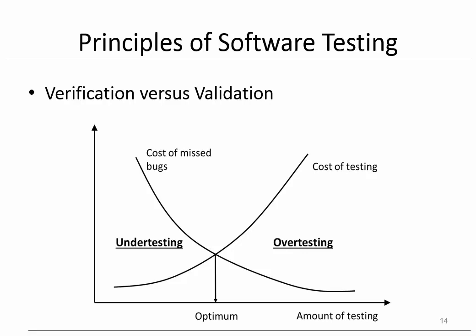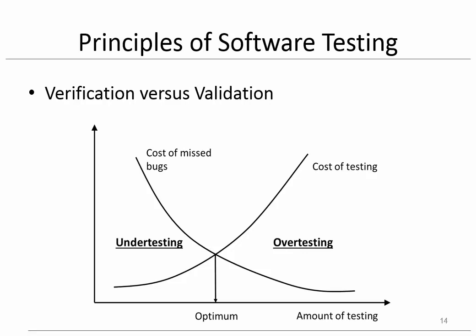So both are two different types of activities, and it speaks for itself that validation is a lot harder than verification, because in validation we are particularly interested in logic or semantic errors. We would just like to know whether the program gives us the correct output. So again, remember the distinction between verification and validation. Verification checks whether the program was built correctly. Validation checks whether the correct program was built.